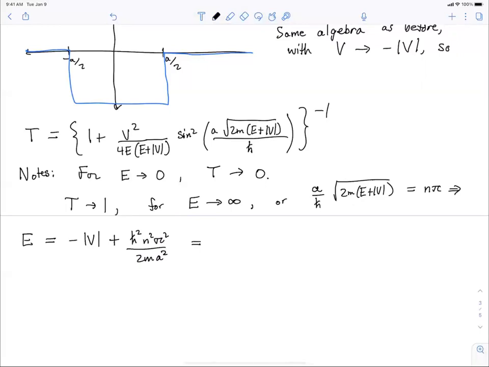So I can write that as E sub n minus V, where E sub n is that thing. And if you stare at that, you realize these are the binding energies for bound states.